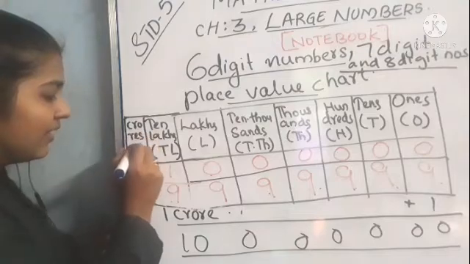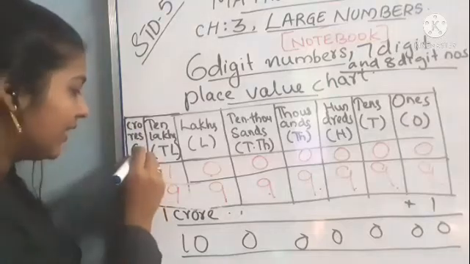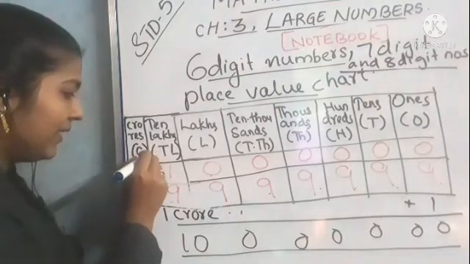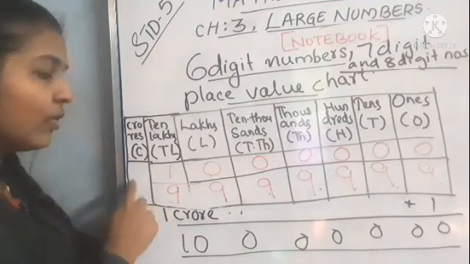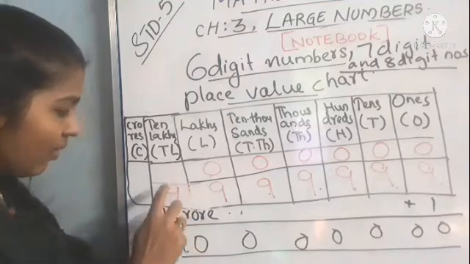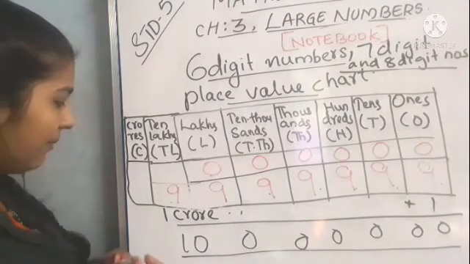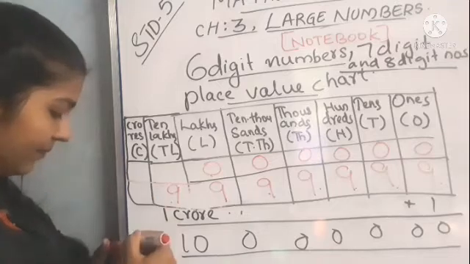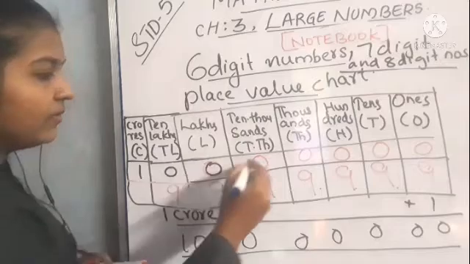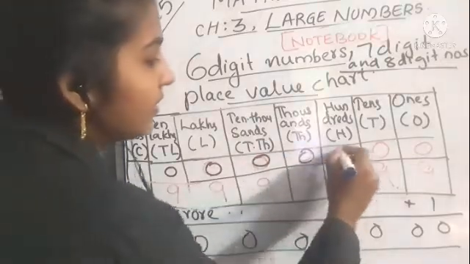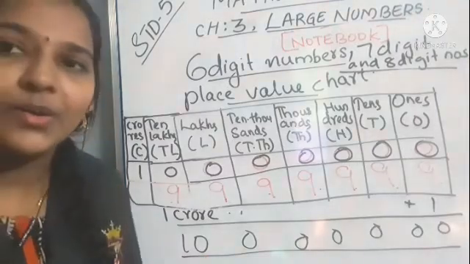To denote crores, we can write the alphabet C. The smallest 8-digit number is 1 crore, that is 1 0 0 0 0 0 0 0.